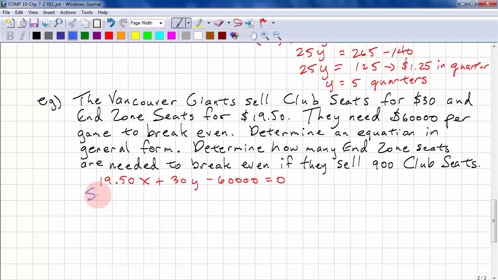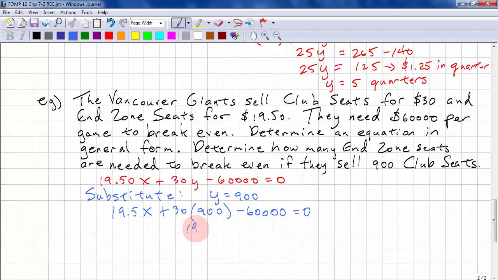Okay, again we substitute y equals 900. So y represents the club seats, because that's the price for the club seats. So we have 19.5x plus 30 times 900 minus 60,000 equals 0.